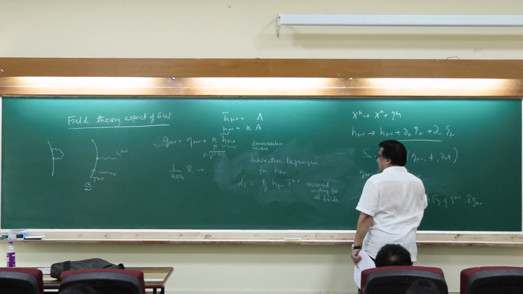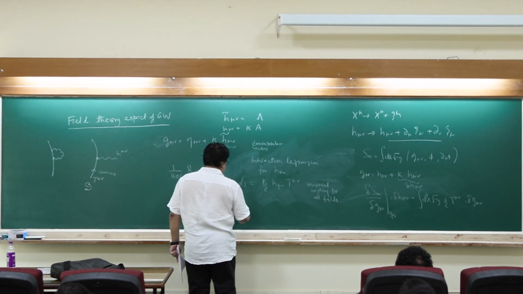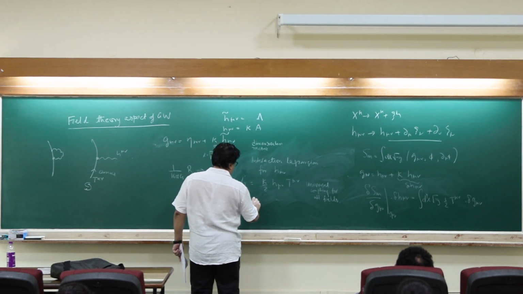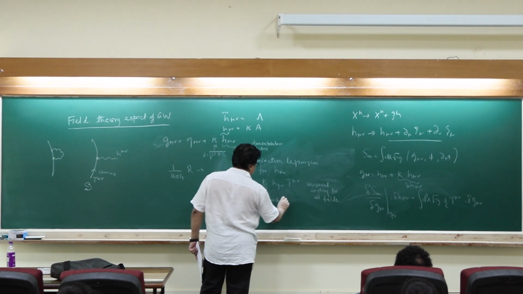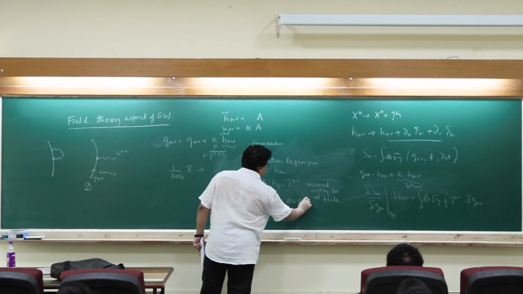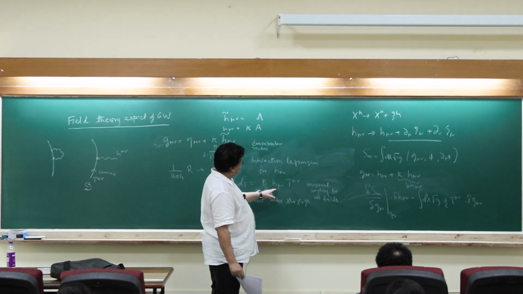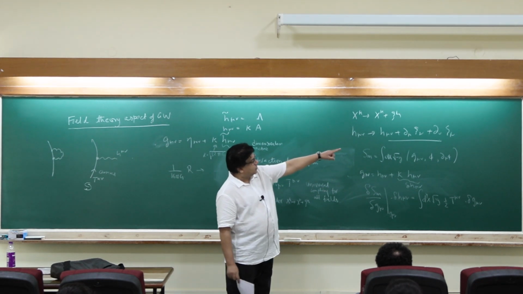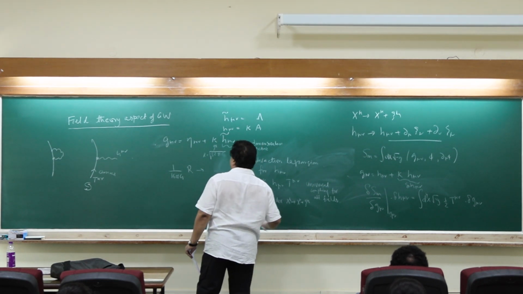So if you want this Lagrangian invariant under xi mu, what you do is, when you have this, replace h mu nu by h mu nu plus those extra terms, you will get, I'll write it here.